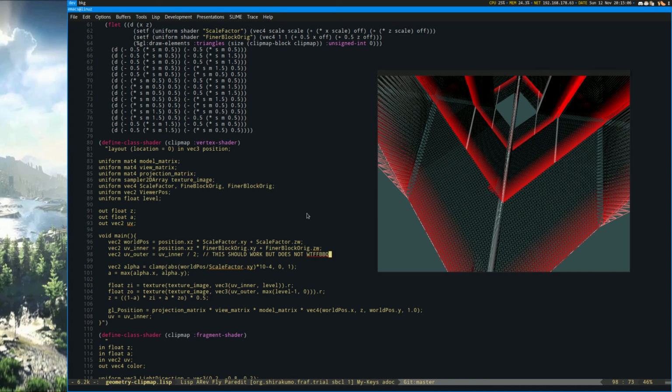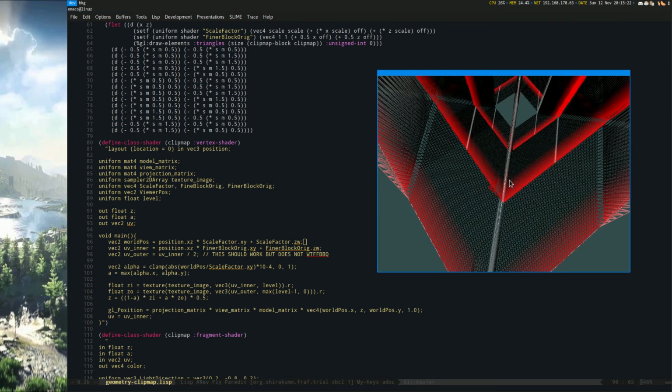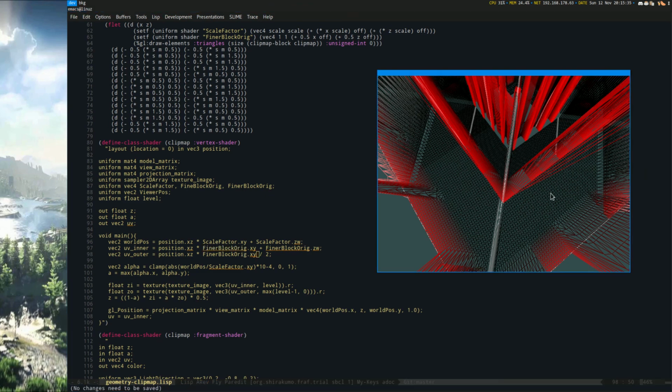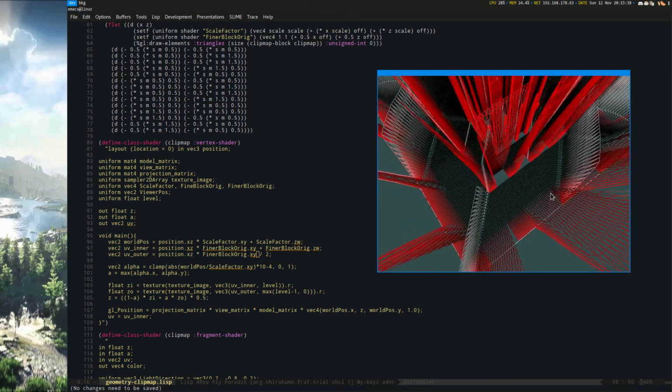So I think what I need to do is subtract this, and that's the origin of the next upper one. Oh god, the amount of information that needs to be shared between each stage is traumatic. Alright, let me see what happens if I just do this. Oh boy. What?